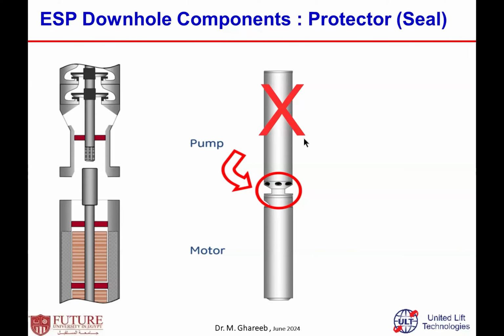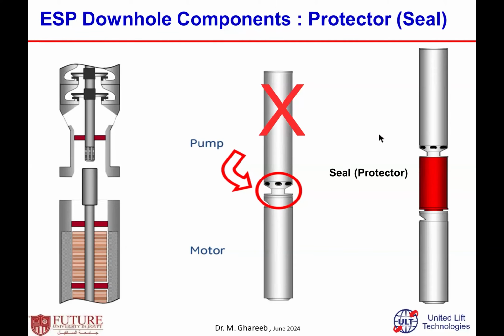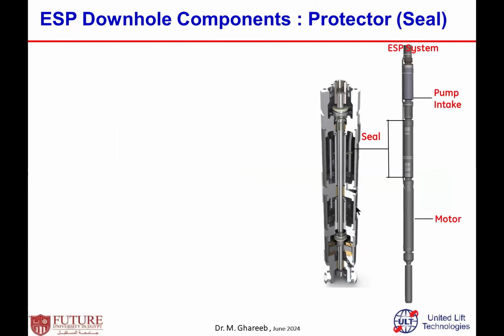In order to protect the motor from the fluid entering the pump, they have to use a separation between the motor and the pump intake, called a protector or separator. The protector is connected just between the motor and the pump intake, as shown here in red. What is the function?